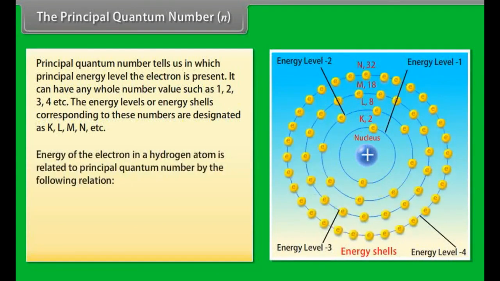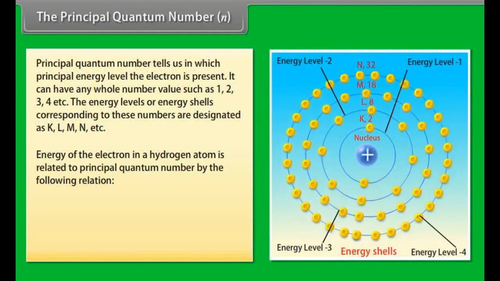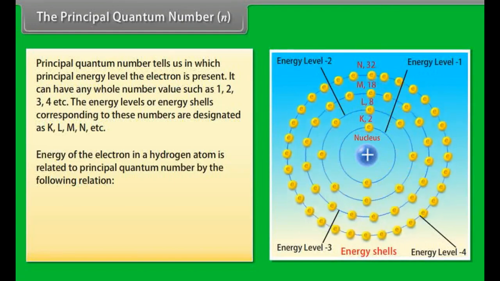Energy of the electron in a hydrogen atom is related to the principal quantum number by the following relation.